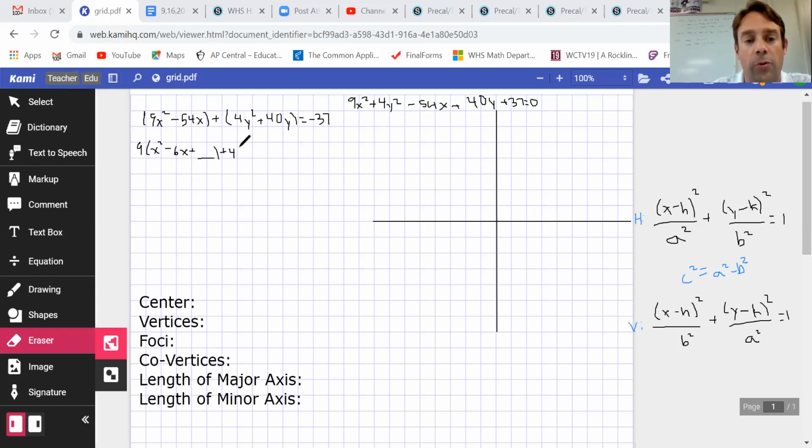So we're going to complete the square to find that. Then 4 times y squared plus 10y, and we're going to complete the square to find this one too. And we have negative 37 plus, plus. Now, when we go and do this, there's going to be a little trick here when we multiply this over. So we'll talk about that here in a second.